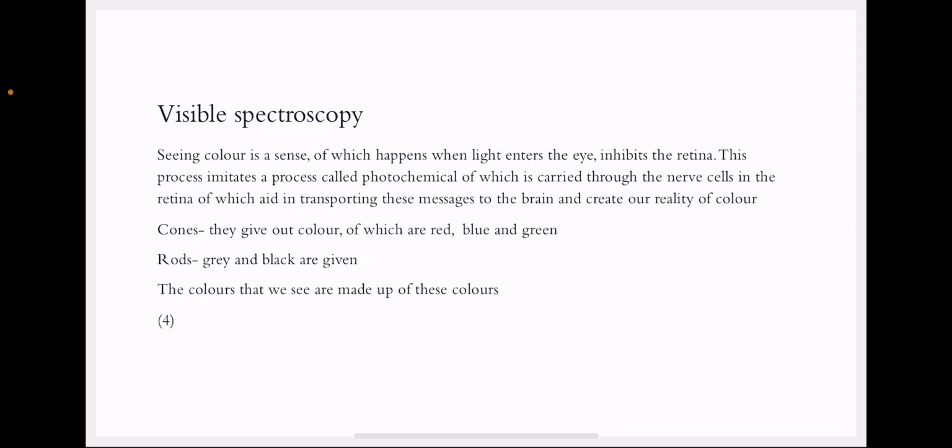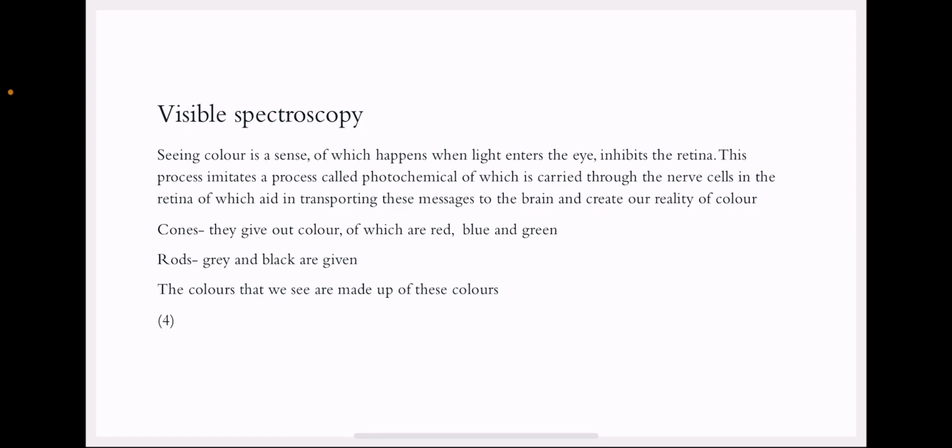Visible spectroscopy. Seeing color is a sense which happens when light enters the eyes and it hits the retina. This process inhibits a process called photochemical, which is carried through the nerve cells in the retina, which aid in transporting these messages to the brain and create our reality of color.